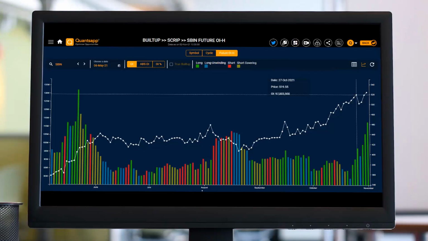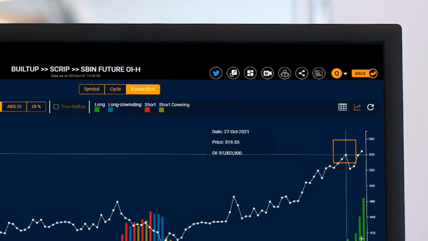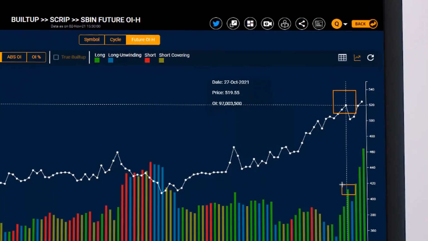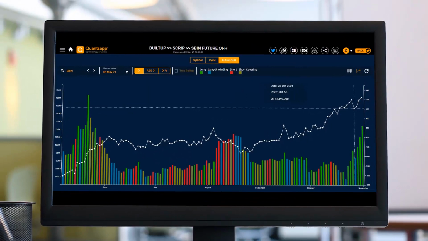Again, if you had focused on SBI on 27th of October, the Price OI Percentile would still have told you that the current price is trading at its highest point of the last 180 days along with significant OI participation. So SBI would have been on your radar list. Any dip that happens, you can try to participate on those dips. Further, you can do the same analysis on the negative side as well.